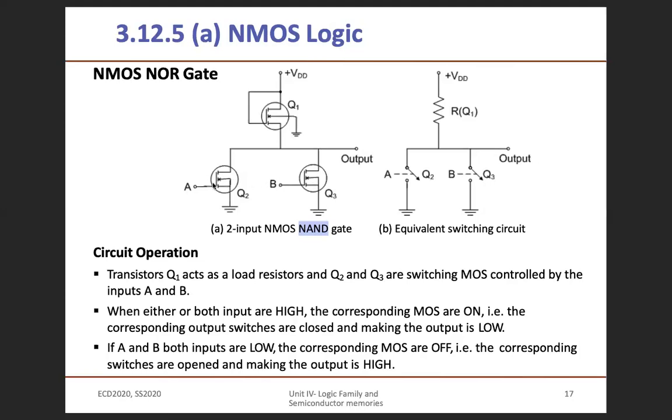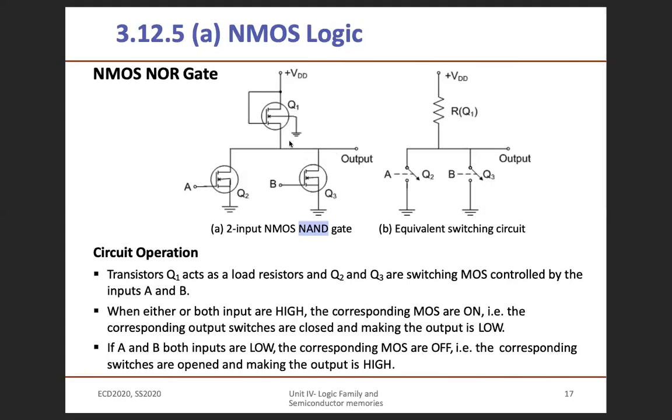When either A or B is high, your output will be 0. Otherwise, your output will be high. Now, if you give both inputs A and B equal to high, naturally your output will be 0.